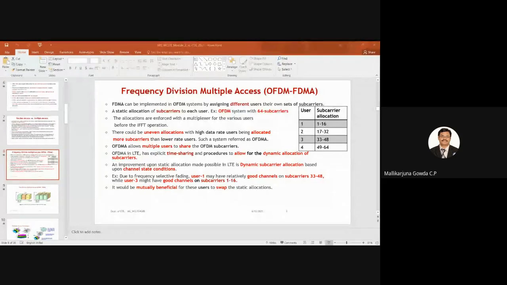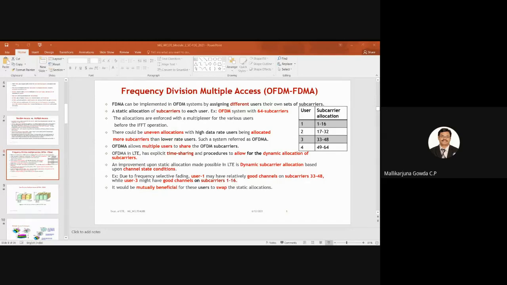The example I gave here is that user 1 is now assigned 1 to 16, but may have a good channel condition on 33 to 48. Similarly, user 3 may have a good channel condition on subcarriers 1 to 16. In that case, by swapping the subcarriers between user 1 and 3, we can create a mutual benefit for those users, compared with the static allocation only.